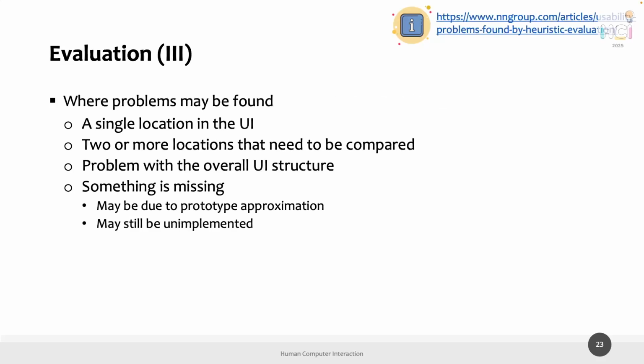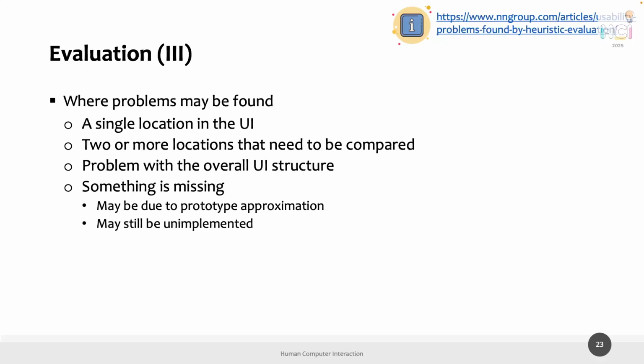Where can we find problems as an expert? Well, we can have problems in a single location in the user interface, like a contrast problem, so a problem related to colors. We can also have problems in 2 or more locations that need to be compared.